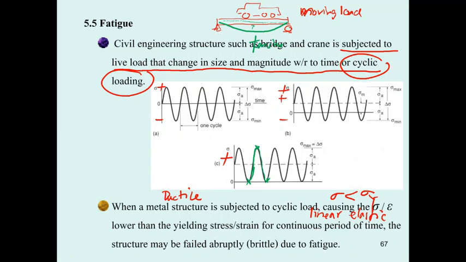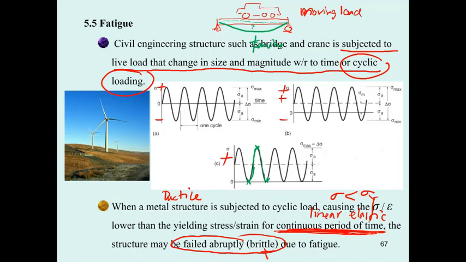But when it is subjected to this stress for a continuous period of time, the material just gets fatigued and the failure occurs as an abrupt failure. That is a kind of brittle failure due to fatigue. This is an important behavior that we need to be very careful about, especially when we design a steel bridge, since the steel bridge is also subjected to cyclic loading.